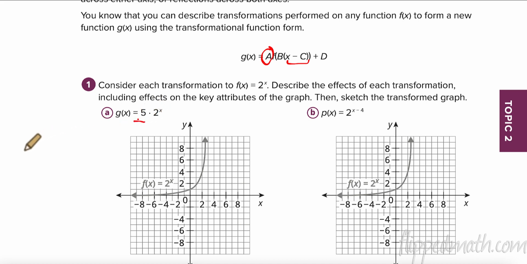It's on the outside, so that is a stretch of 5 vertically. That means we're going to stretch everything by 5 vertically. So first of all, this is 0, 1, and that's now going to be up here. Everything becomes stretched. It's a lot.